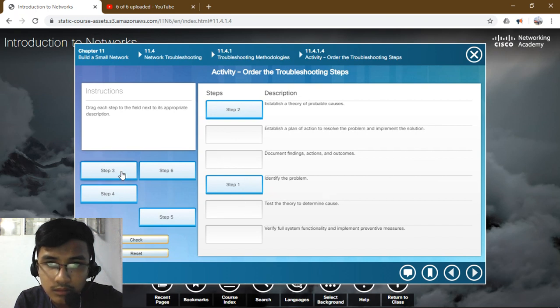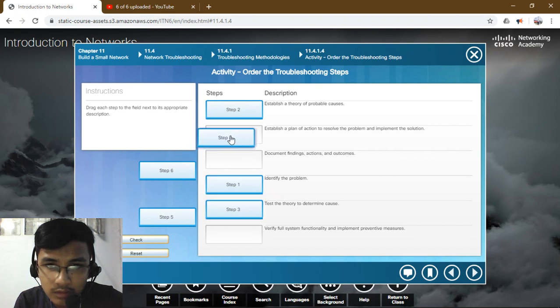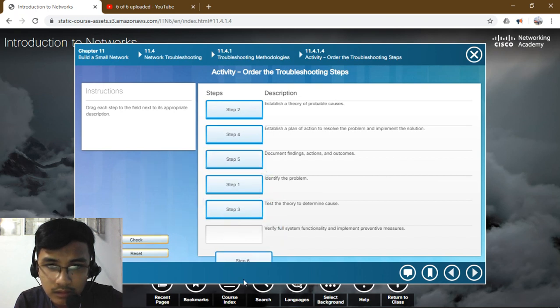Step 3 is to test. Step 4, establish a plan of action. Step 5, document findings and verify full system functionality. The last one, debug.